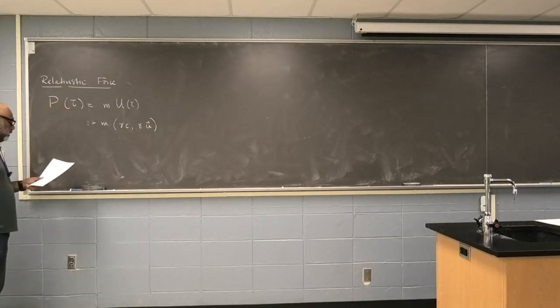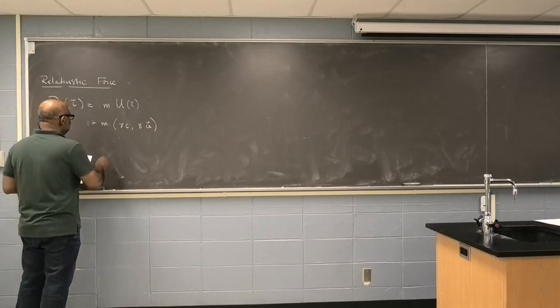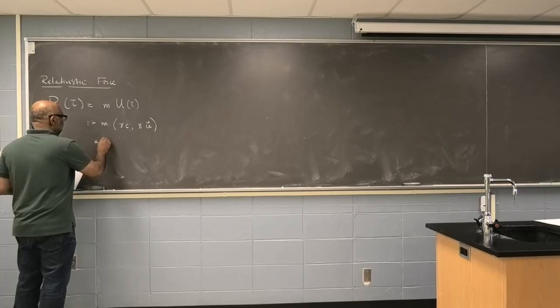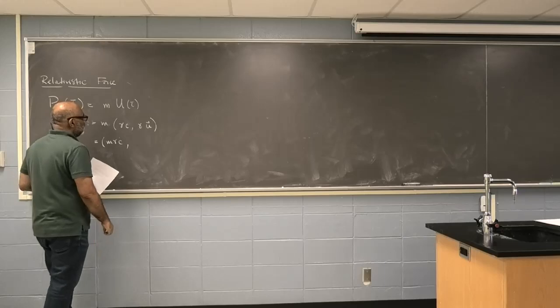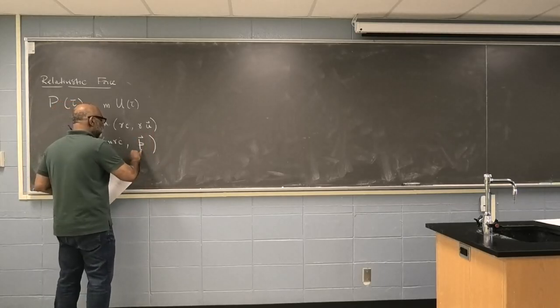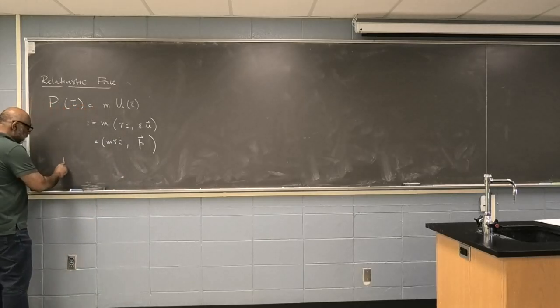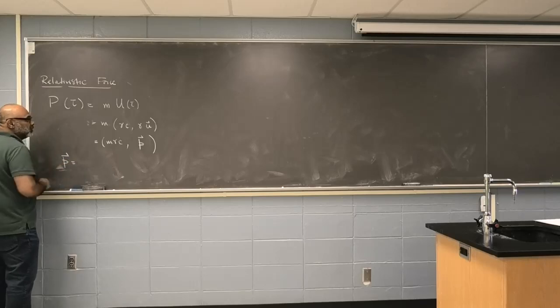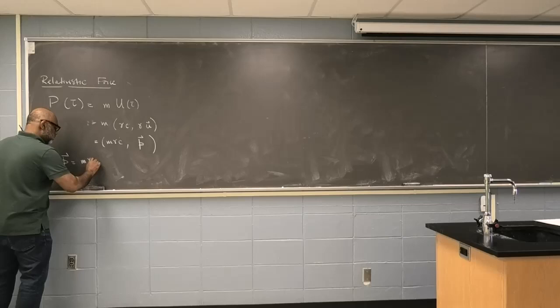Okay, and well, I can take this inside, but look, when I do, I'm calling this guy P. There's a little bit of content here. So this little p is not mass times the ordinary 3-velocity.